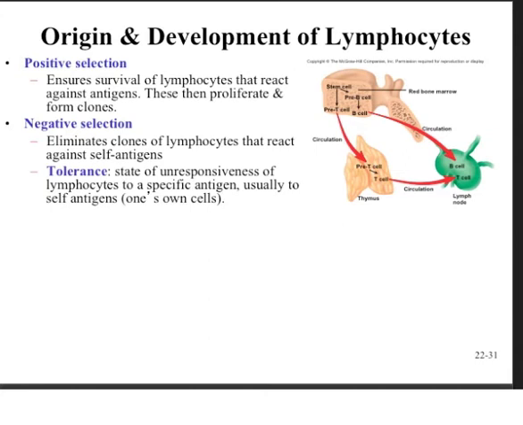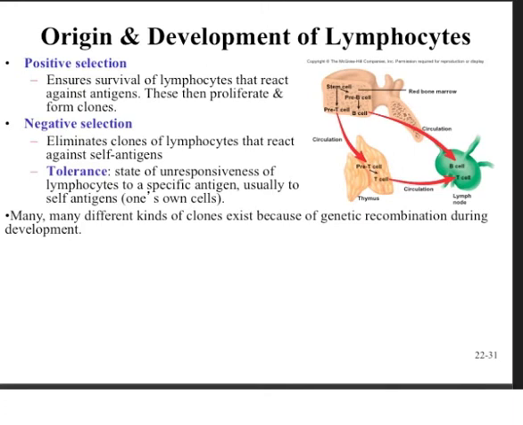Tolerance is essentially the state of unresponsiveness of lymphocytes to a specific antigen, usually to the antigens that are on our own cells. Many different kinds of clones exist because of the genetic recombination that occurs during development. We have close to 1 billion different specificities for the B and T cell populations.